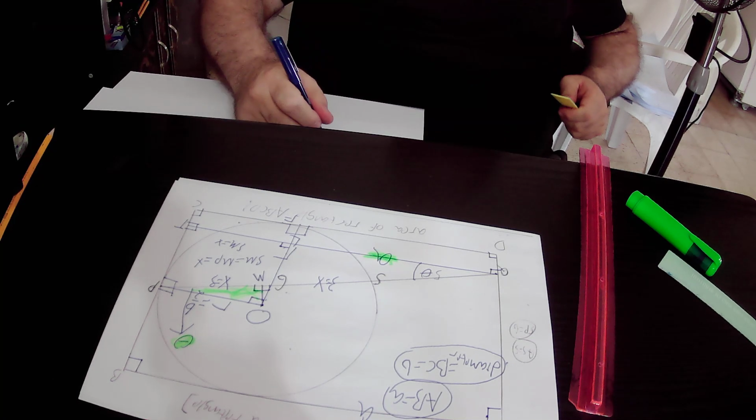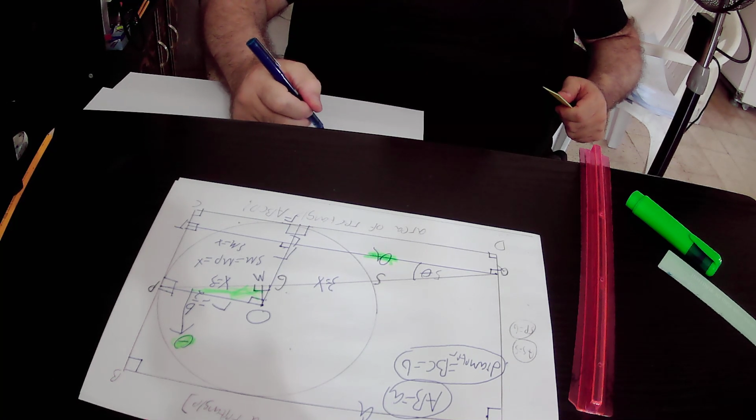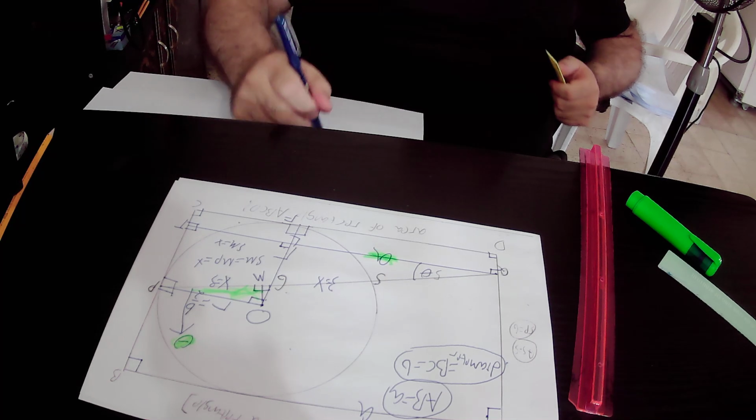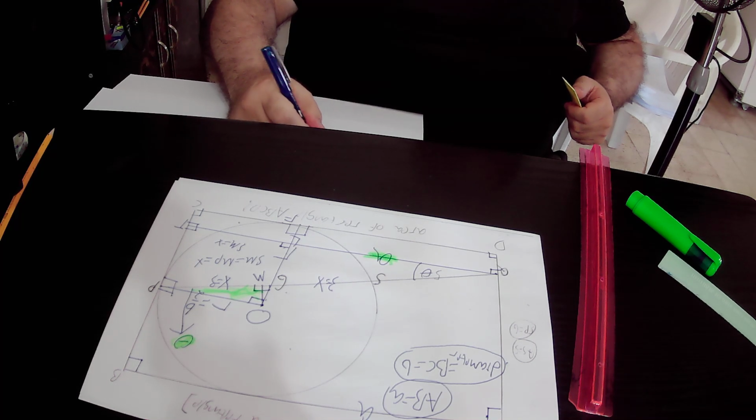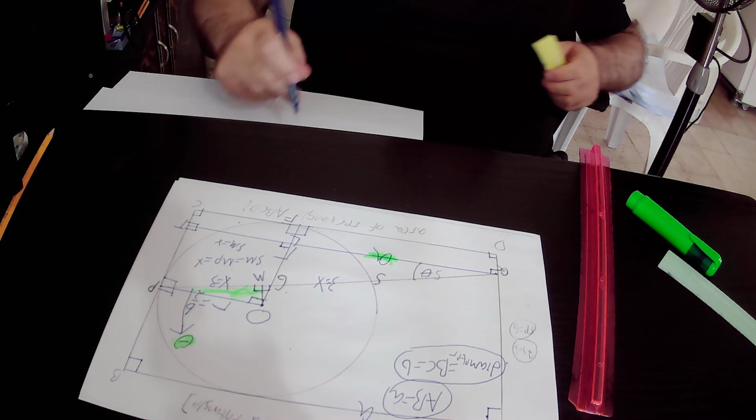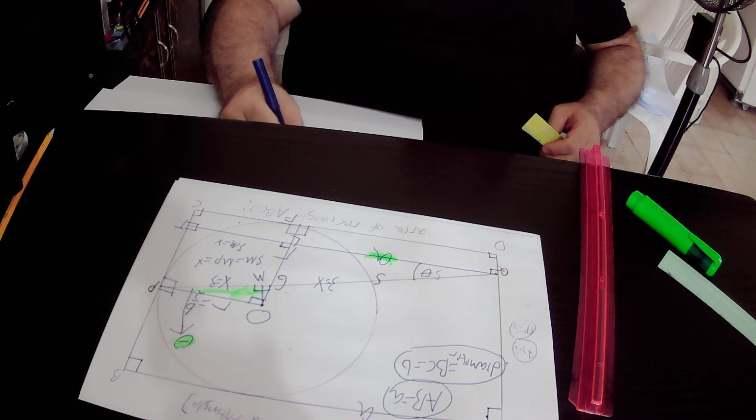MP equals 3 units, and the hypotenuse OP equals B over 2, the radius of the circle.